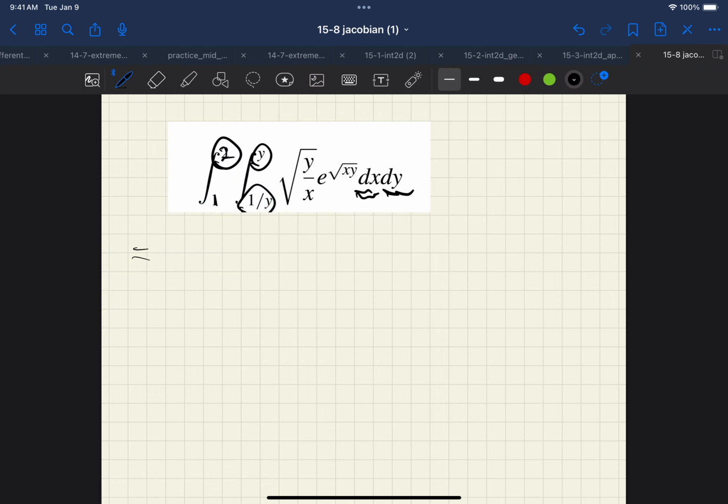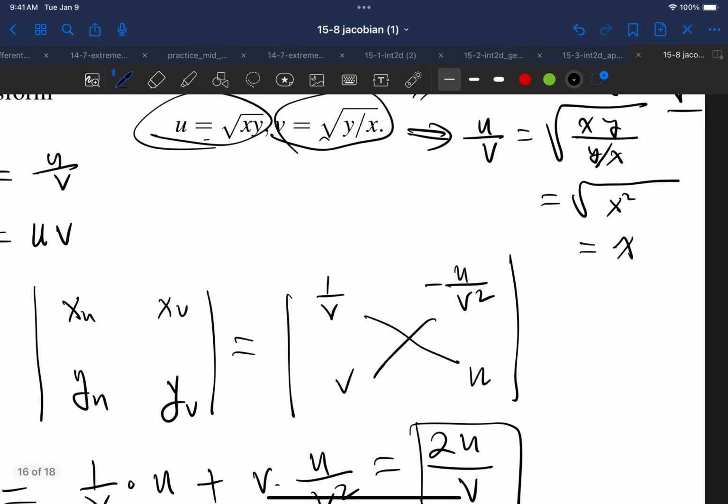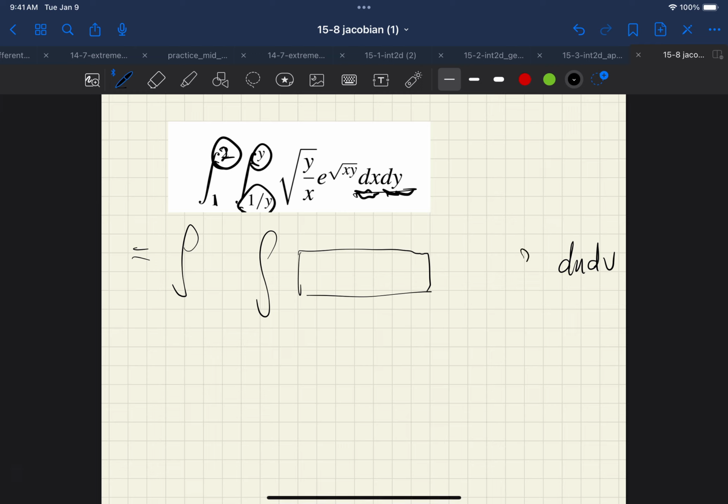We want to write this, and when you write dx dy, I want to write du dv instead, and then multiply by its Jacobian, which is 2u over v.